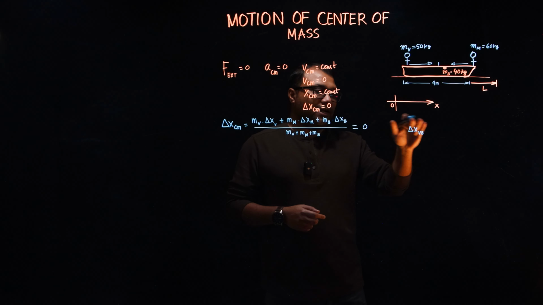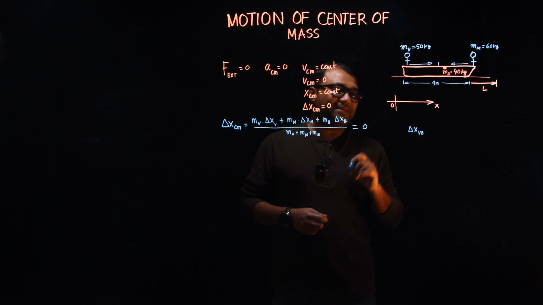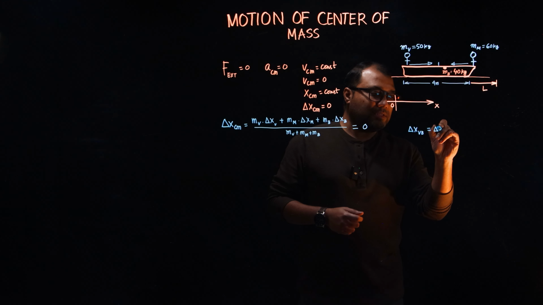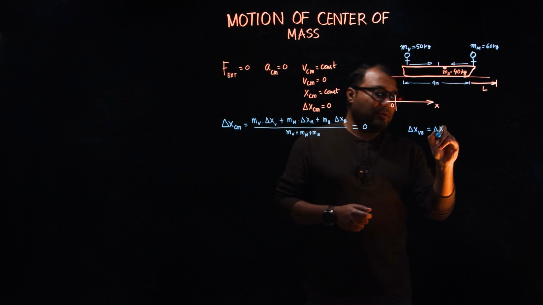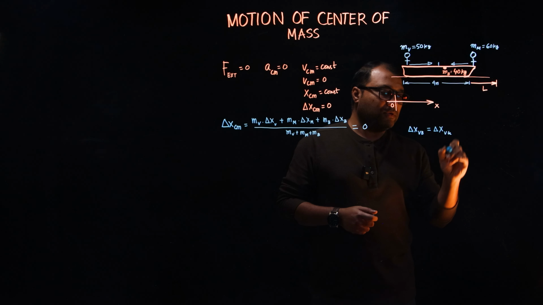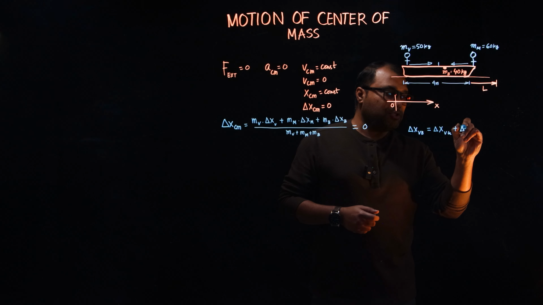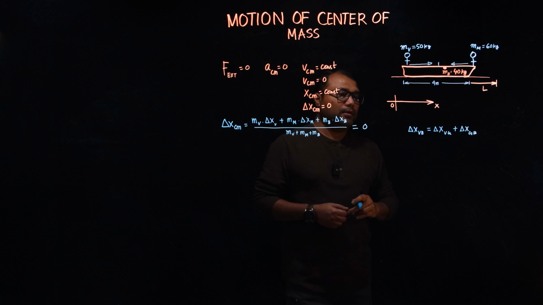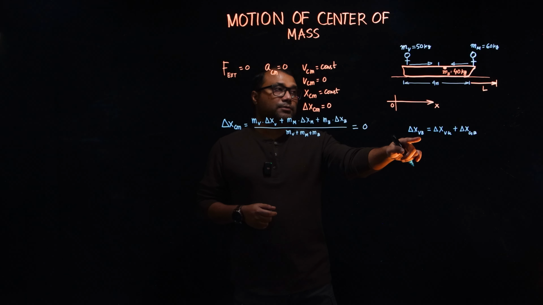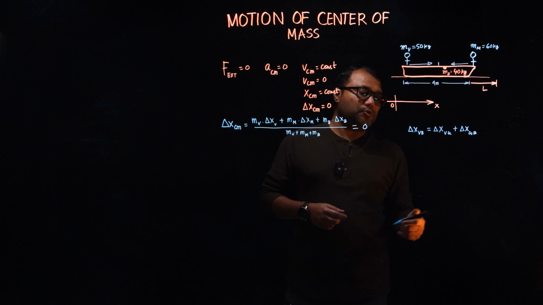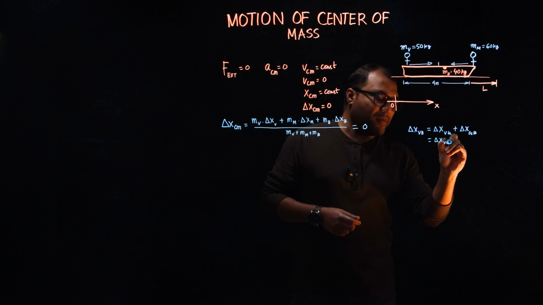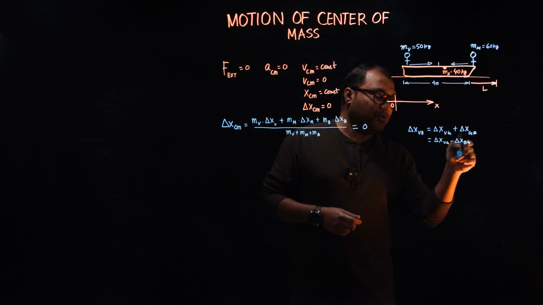But with respect to ground, it might be something different. So using our vector notation, we can write change in x v with respect to ground plus change in x ground with respect to boat. So then we get change in position of v with respect to boat. We can also write this as delta x vg minus, if we reverse this, delta x bg, boat with respect to ground.